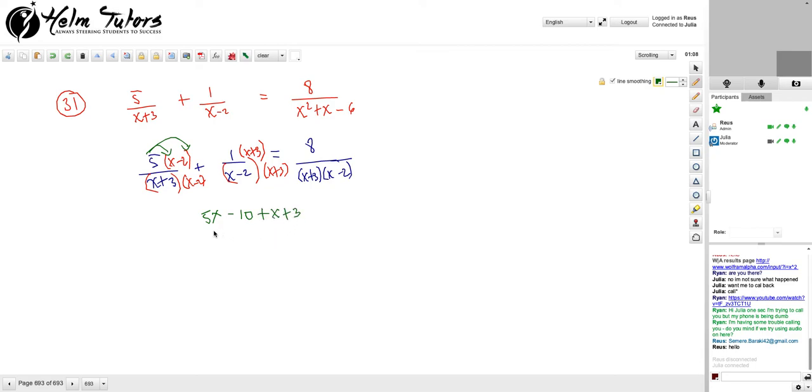So that would become 6x minus 7 over what? X plus 3 times x minus 2, equals 8 over x plus 3 times x minus 2. Just 8, right, on the right side in the numerator? Yeah. Okay, good. And then from here?